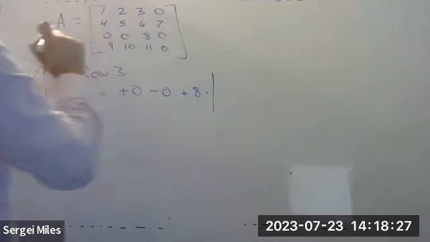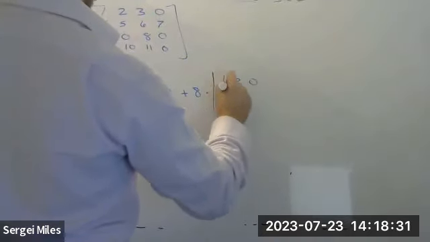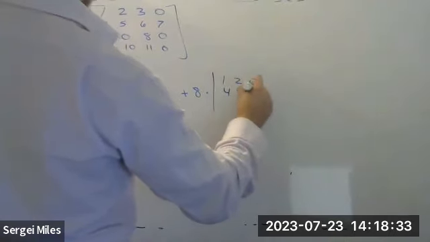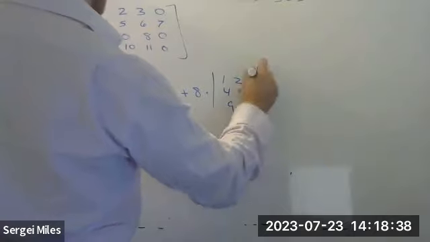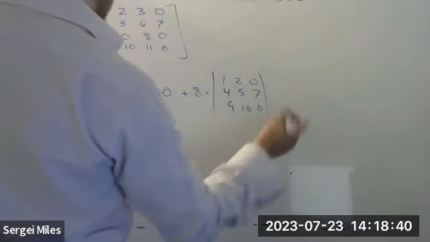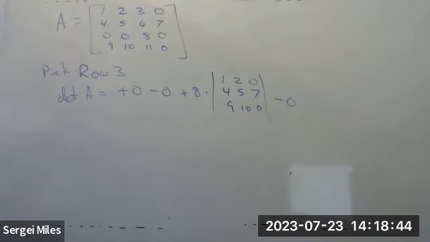What am I left with? I have 1, 2, 0, 4, 5, 7, 9, 10, 0, right? And then I would have another minus 0 over there, but again, who cares, right?